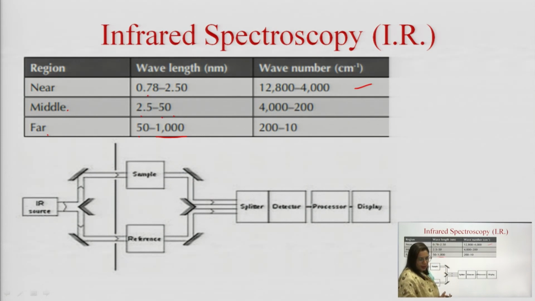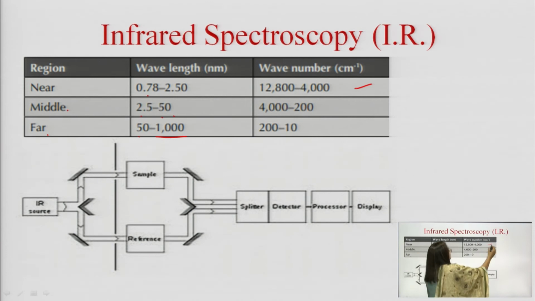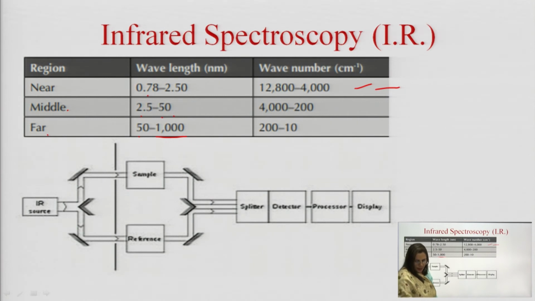So, these three types of infrared radiation are capable of performing different types of excitation. In the near region, the overtone or combination of the molecules are excited, and we can find vibration.